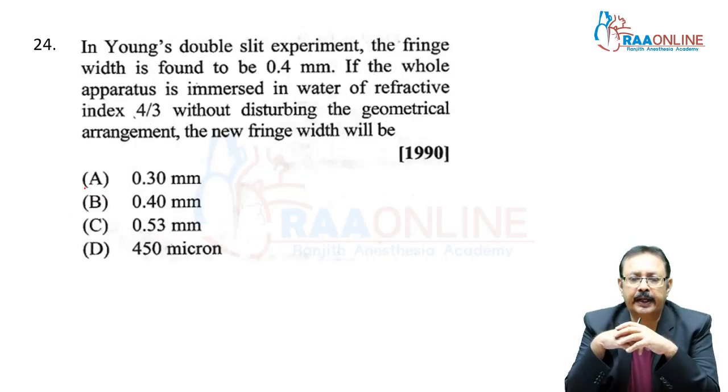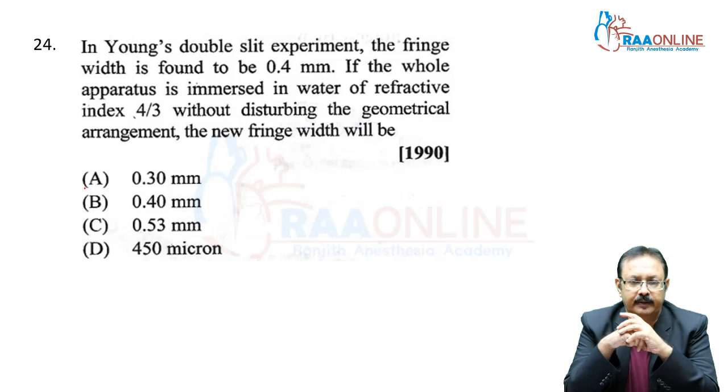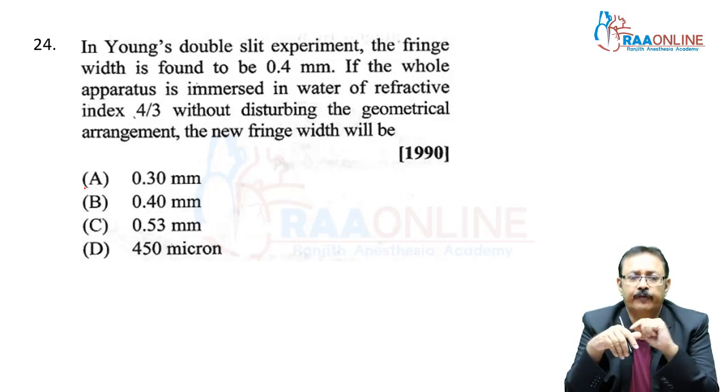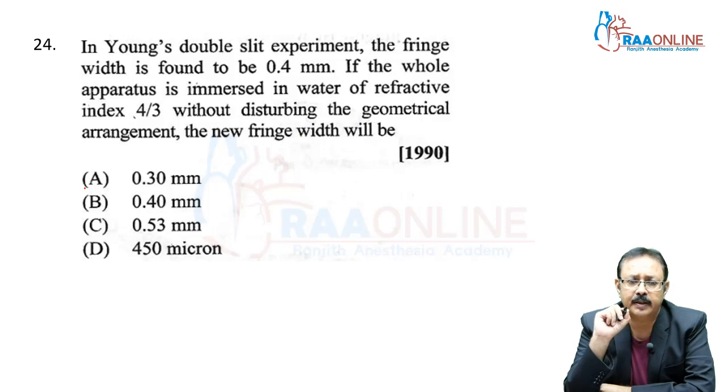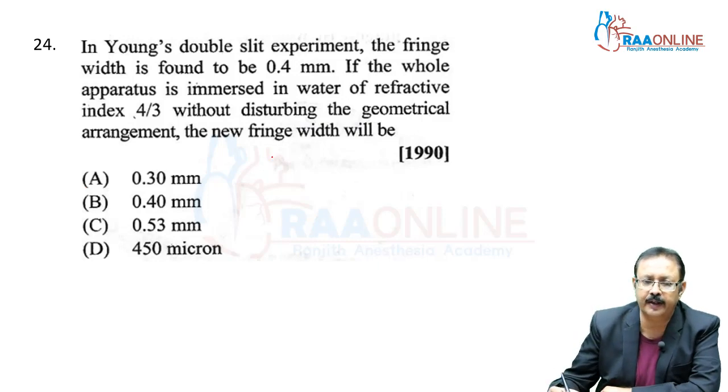Next, it is from 1990 AIPMT. In Young's double slit experiment, the fringe width is found to be 0.4 millimeter. If the whole apparatus is immersed in water of refractive index 4/3, without disturbing the geometrical arrangements, the new fringe width will be, we know that fringe width is given by lambda D by d.